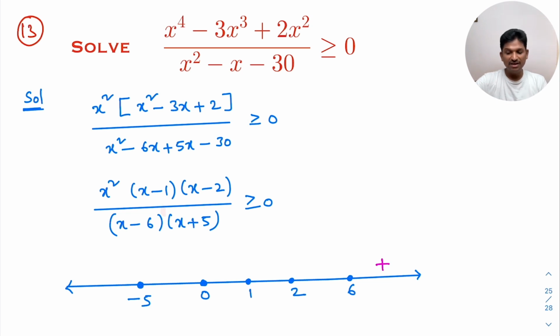When an odd power is there, the sign changes. Why is this following? Because here even power is there in this. That's why we are checking these things. This 6 is coming from here. Here 1 or any odd power is there. In that case, the sign changes. Plus changes to minus.